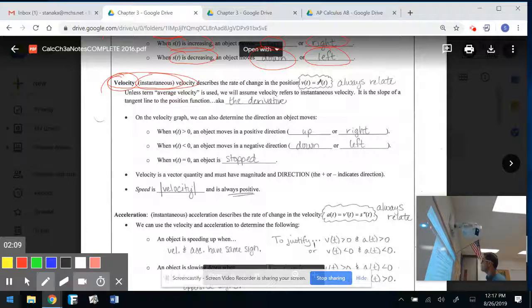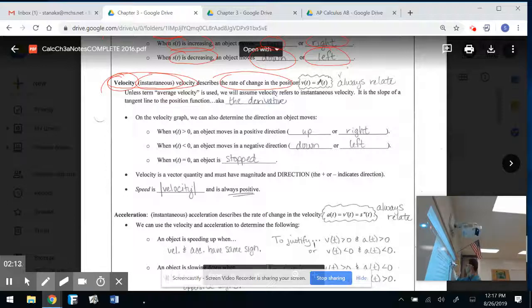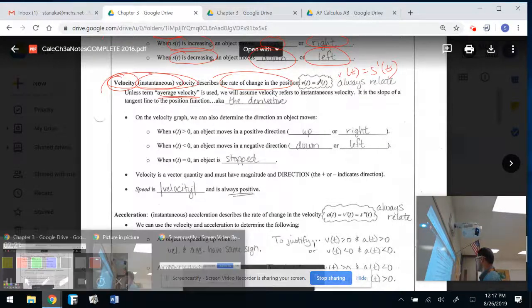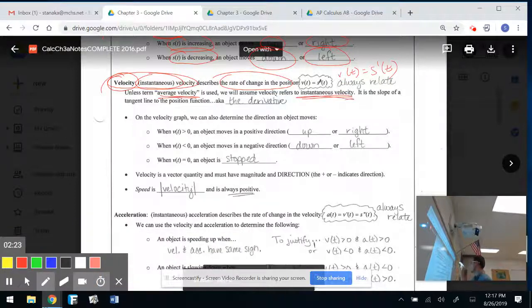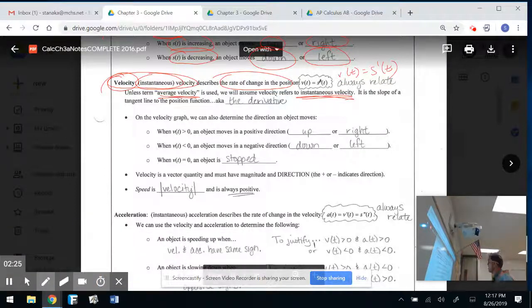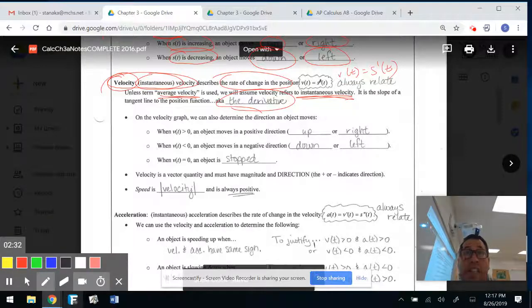It describes the rate of change in the position, and v of t is equal to the first derivative of position. Unless we say the word average velocity, we're going to assume that it's instantaneous velocity. It is the slope of the tangent line to the position function, aka the derivative.